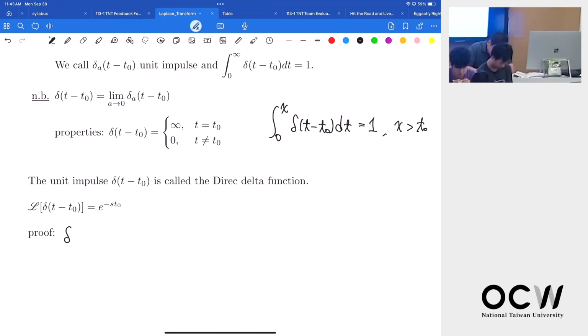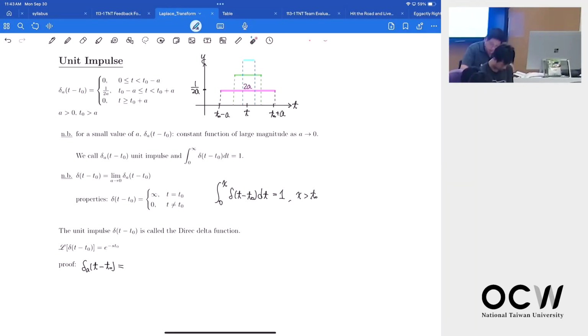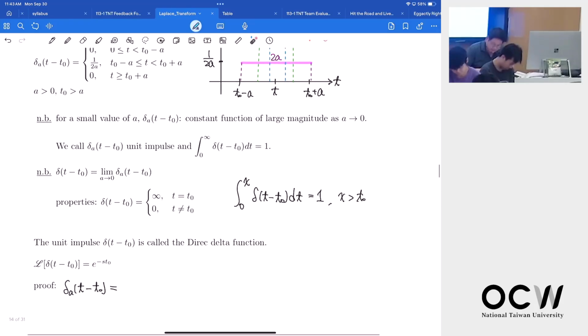Delta t minus t naught. Again, we have this function, right? Every time you see these piecewise expressions for a function, you can always use the Heaviside function to re-express it. How can I rewrite this function using the Heaviside function?